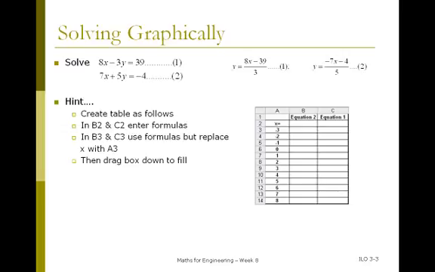And then, if you select one of the boxes and drag the cell down, it will automatically fill down the answers for each of the cases of when x is equal to minus 3, minus 2, minus 1, 0 and so on down to 8. So we now draw the graph, and use it to read the intersection point.